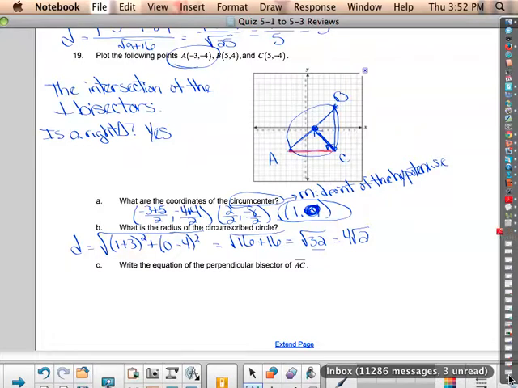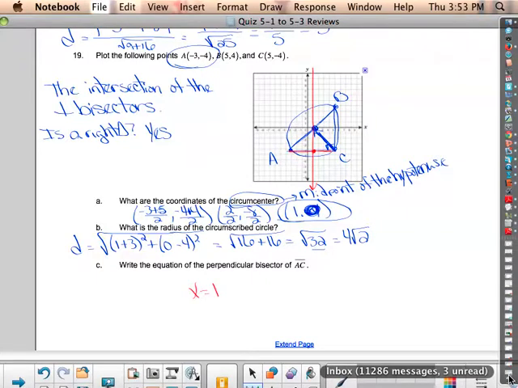You're just going to look at the vertical change. So the perpendicular bisector is going to end up being a horizontal line that goes through that midpoint.